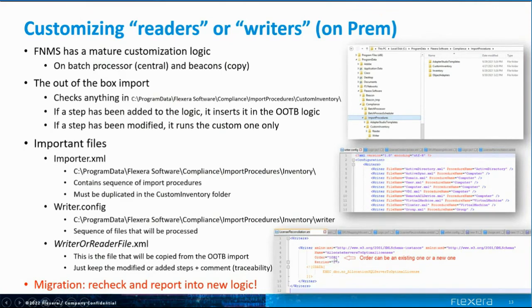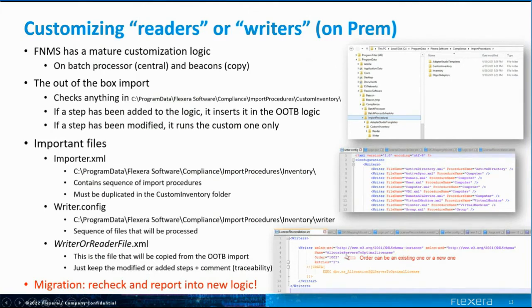Here, I've created a step which is 1001. You will see in the out-of-the-box license reconciliation.xml, you don't have 1001, you have 1000, 1010. So here, typically the script will say, okay, after the step 1000, I will run this one, and this one does an allocation of computers to licenses, for instance.